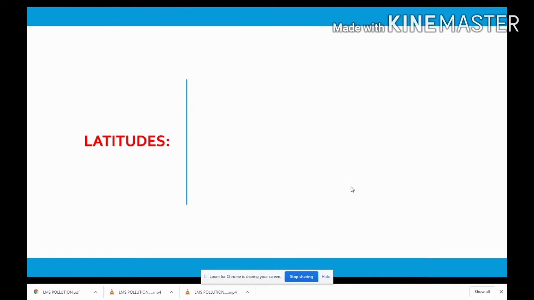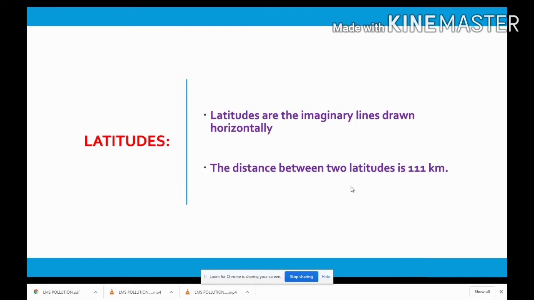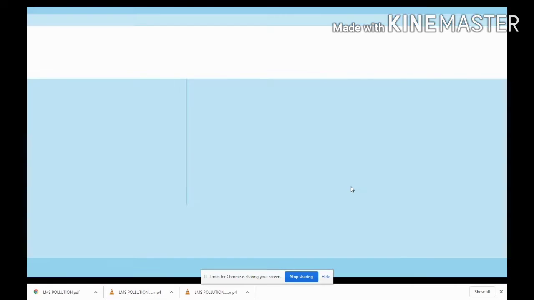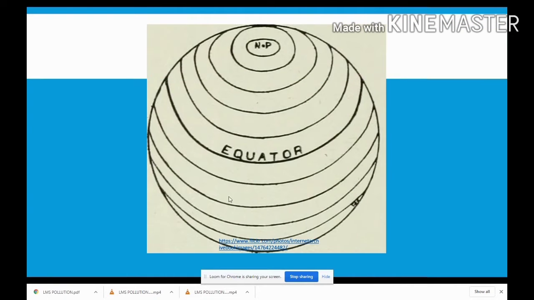Now moving to latitudes. Latitude is an imaginary line drawn horizontally around the earth. Like this, these are the parallel lines drawn on the earth's surface, from the northern hemisphere to the southern hemisphere. This is the equator you are seeing. Above the equator is the northern hemisphere, and below is the southern hemisphere.